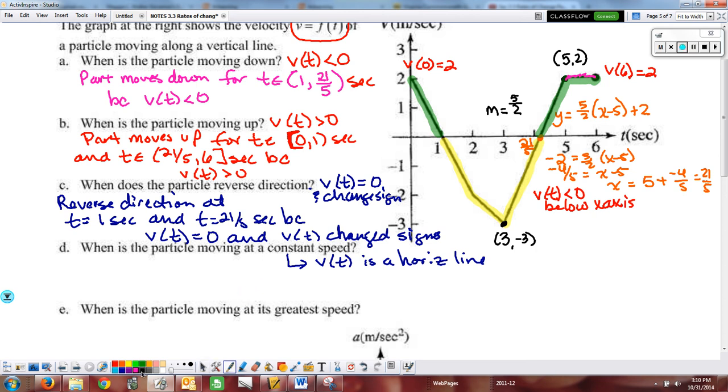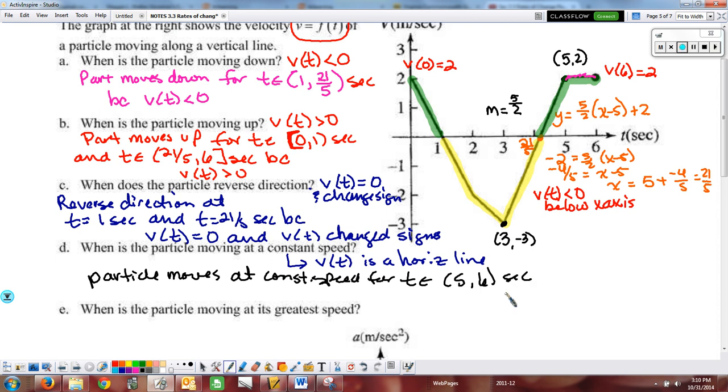So our particle moves at a constant speed for t in 5 to 6 seconds. Now, let's talk about whether we want to include those.